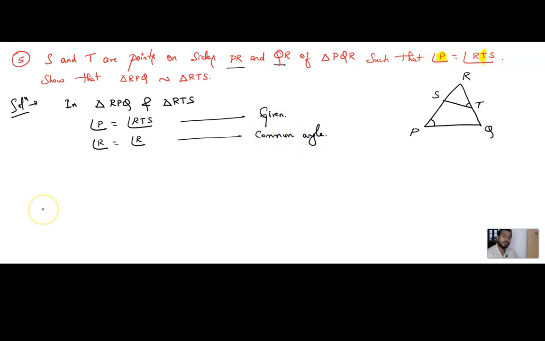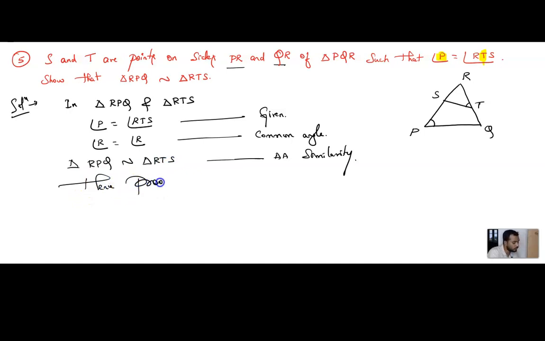Two angles of the triangles are equal. By using AA similarity criteria, we can say that triangle RPQ is similar to triangle RTS. Hence proved. Any doubts? I hope you have understood this problem. How to solve this? Fine.